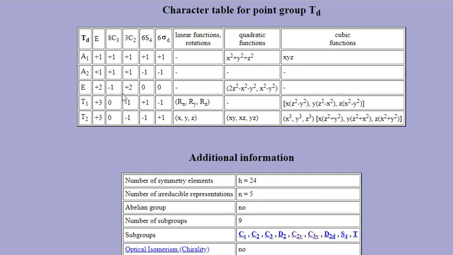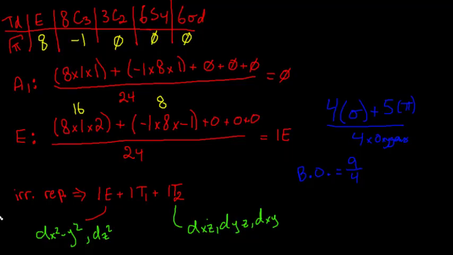In the next tutorial, we'll also be looking at character tables, but we will be extracting vibrational modes, and we'll be seeing how we can use those vibrations to learn more information about a given compound.